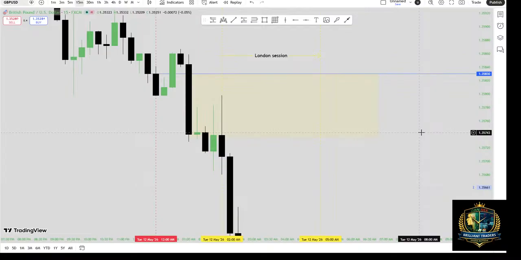You can choose whichever color you like. From 7 o'clock till 11 o'clock, you calibrate your chart. You calibrate the sessions you want or the time you want to be trading. This is 8:30, you calibrate it at. Then you calibrate 9:30 at.